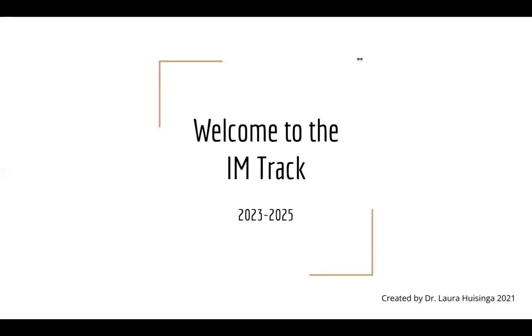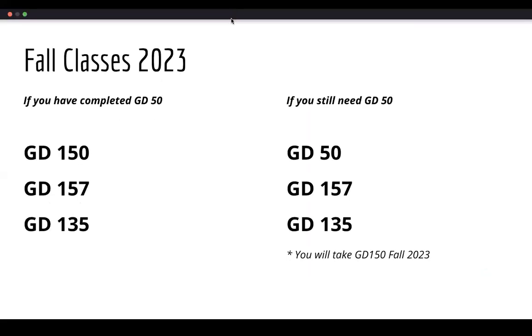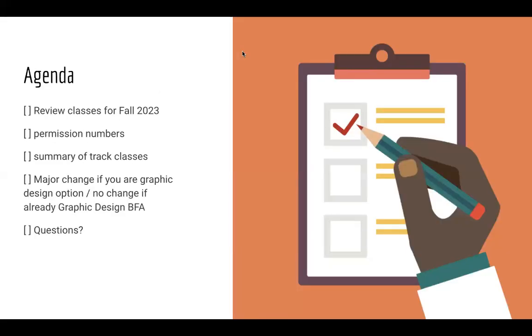All right, cool. So we'll talk about classes for fall 2023 so that you're all ready to register. Make sure that you have the permission numbers that you need. And we'll just do a short summary of all the track classes.